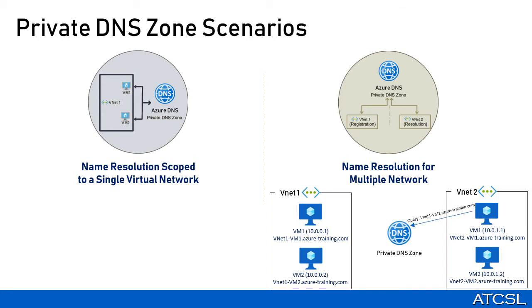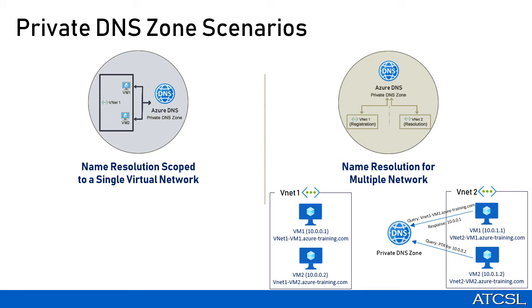Now suppose there is a query from VM1 about vnet1-vm1.azuretraining.com. On the left hand side, we see that VM1 from vnet1 has the host name of vnet1-vm1.azuretraining.com. So the private DNS zone resolves it and responds with a private IP address of 10.0.0.1.